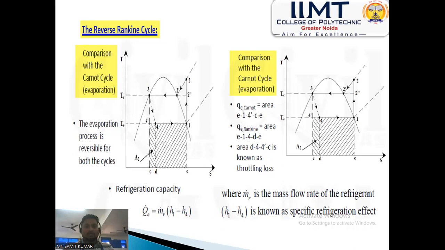That gives the refrigeration capacity, the final output given by the system, that is Q, the heat absorbed by the system. Here m dot r is the mass flow rate of the refrigerant, and h1 minus h4 is known as the specific refrigeration effect.